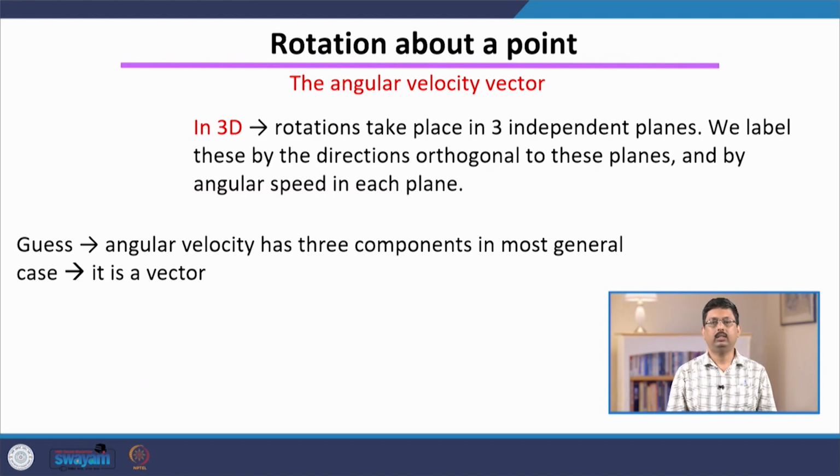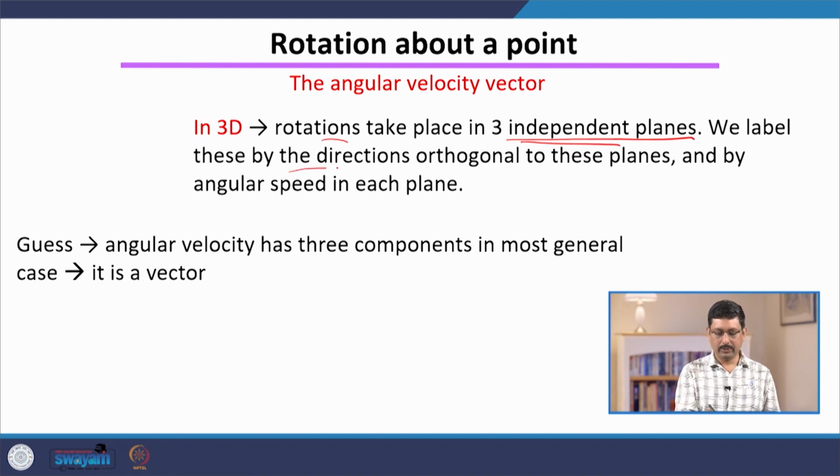Now, in the real 3D world, there are 3 possible independent planes. The crucial word is independent. In order to describe rotation, we have to take not a single plane, but 3 independent planes.